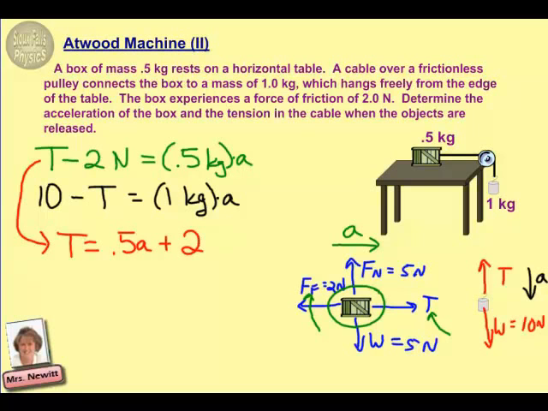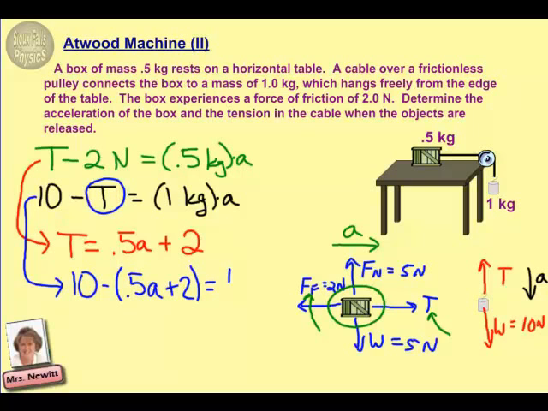Then we can take our second equation and substitute in for T, so 10 minus (0.5a plus 2). Notice that that tension part needs to be in parentheses because the whole thing is going to be subtracted. That is equal to 1a.